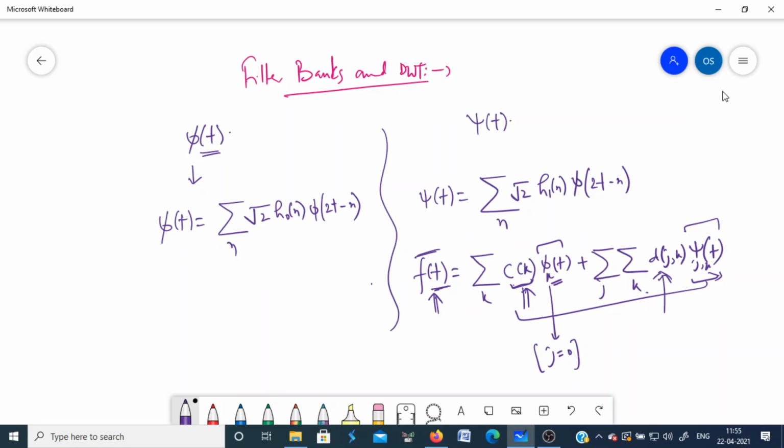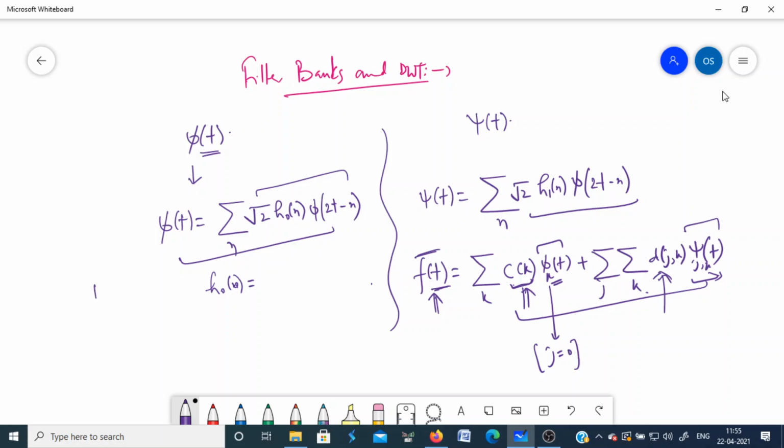Okay, and based on these two refinement equations, we have seen that these coefficients h0(n) and h1(n) are basically a filter. The solution for this equation may or may not exist. Okay, if it exists, it must be unique.